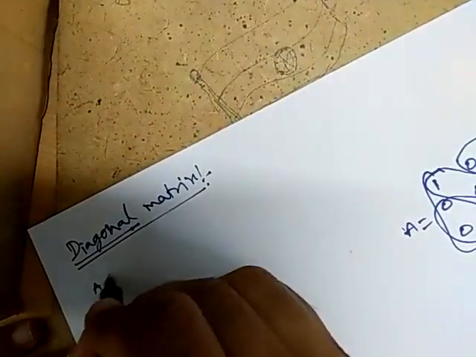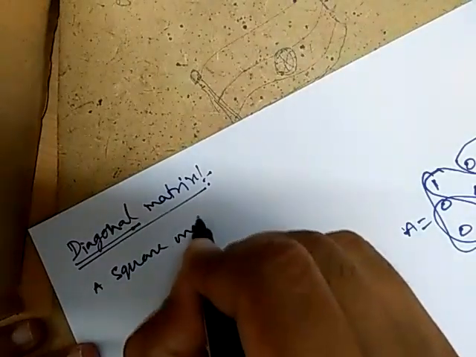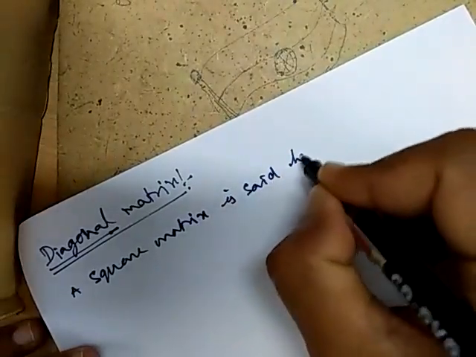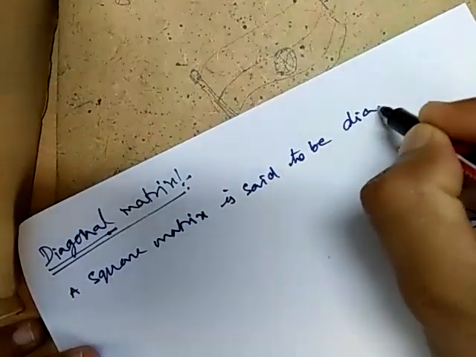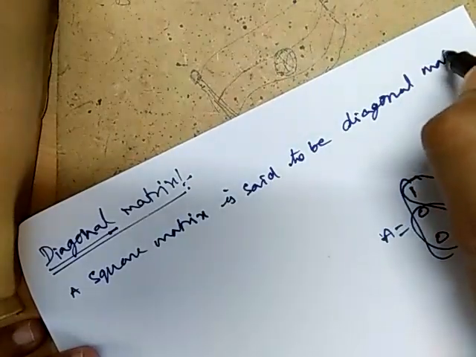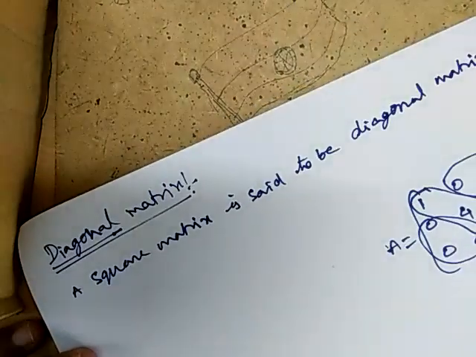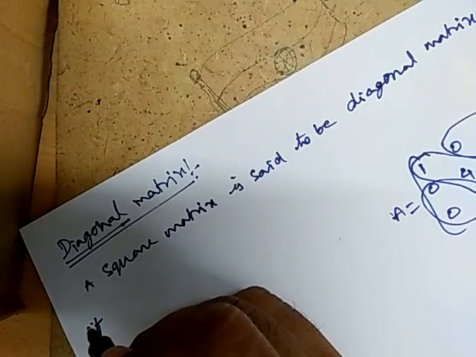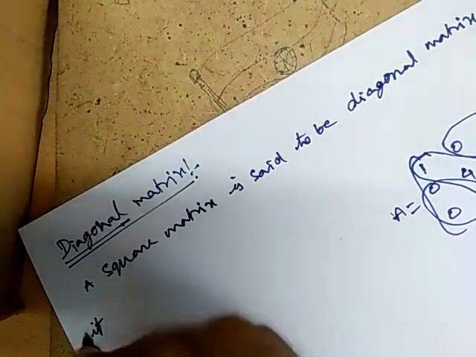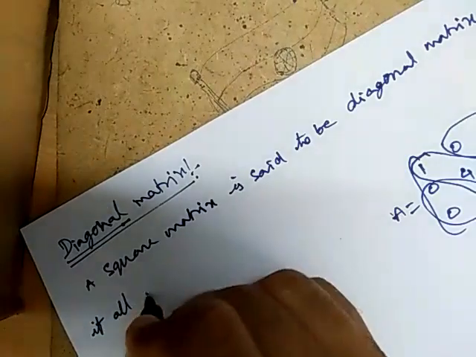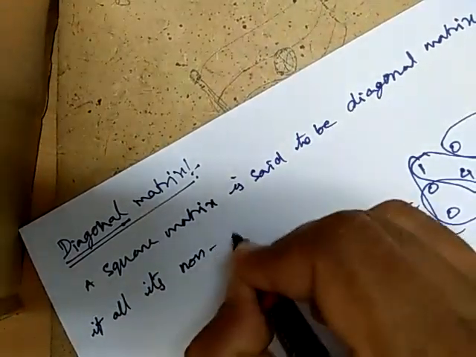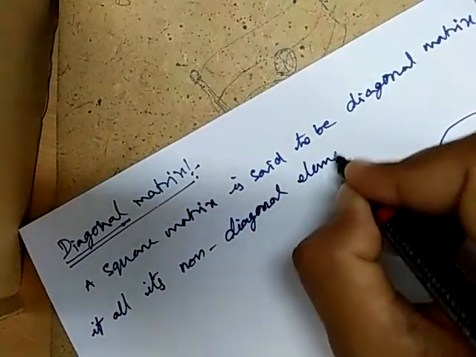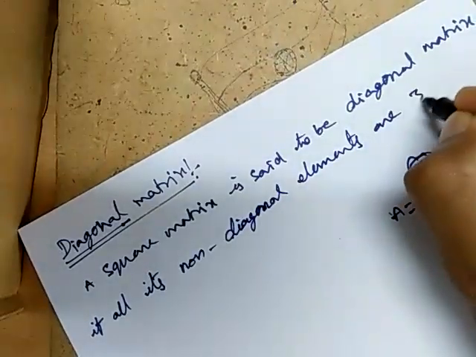Definition: a square matrix is said to be a diagonal matrix if all its non-diagonal elements are 0.